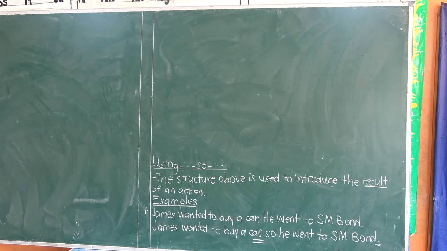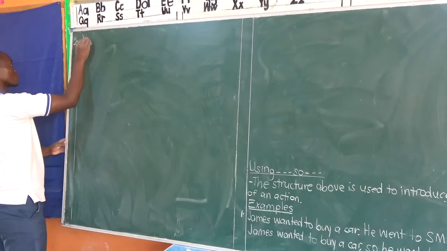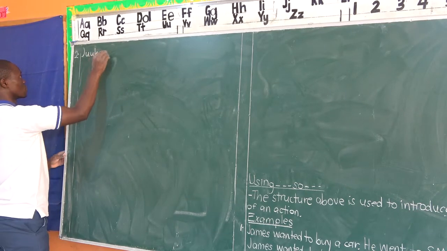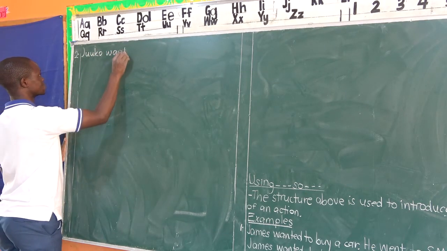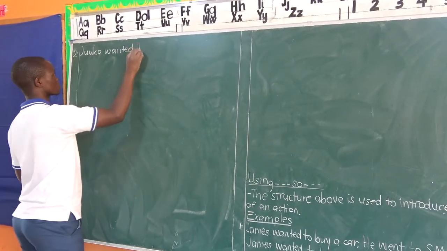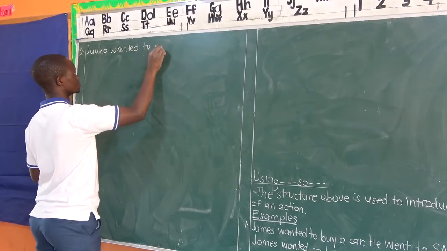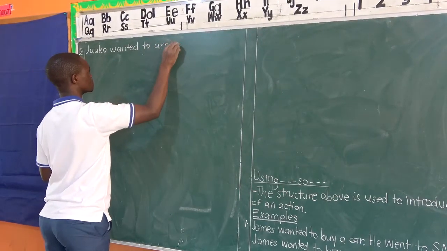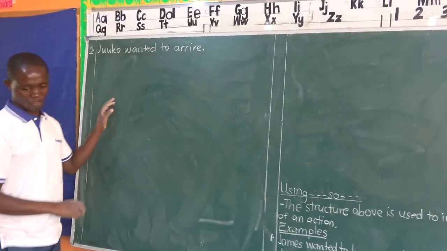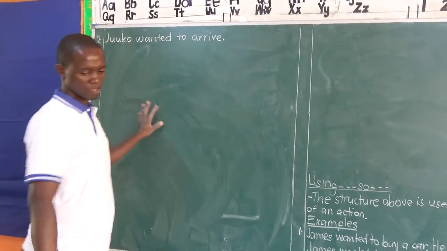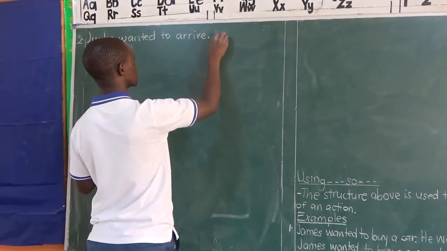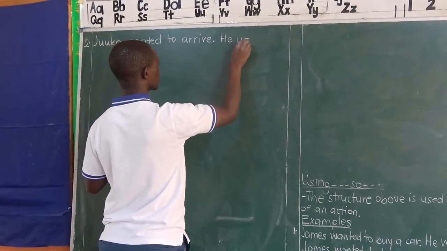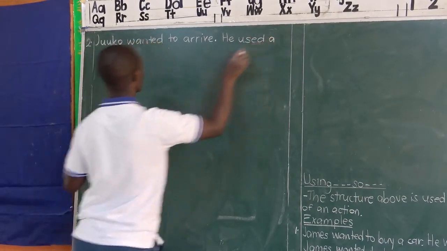We have this. Yuko wanted to arrive early. What do we have? He used a boda.